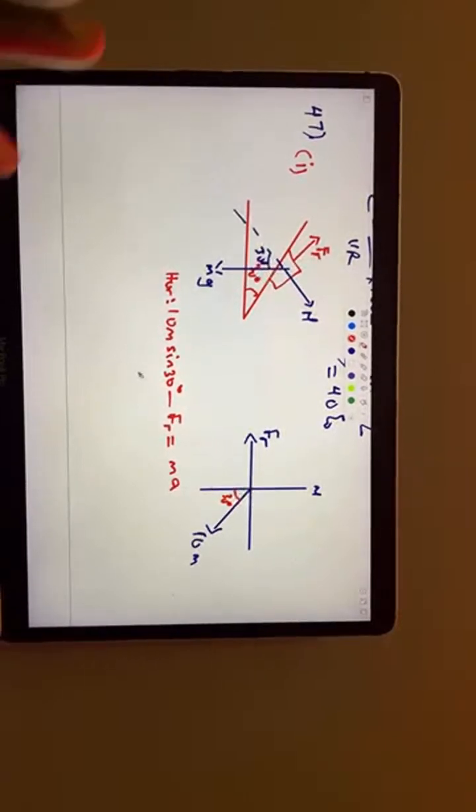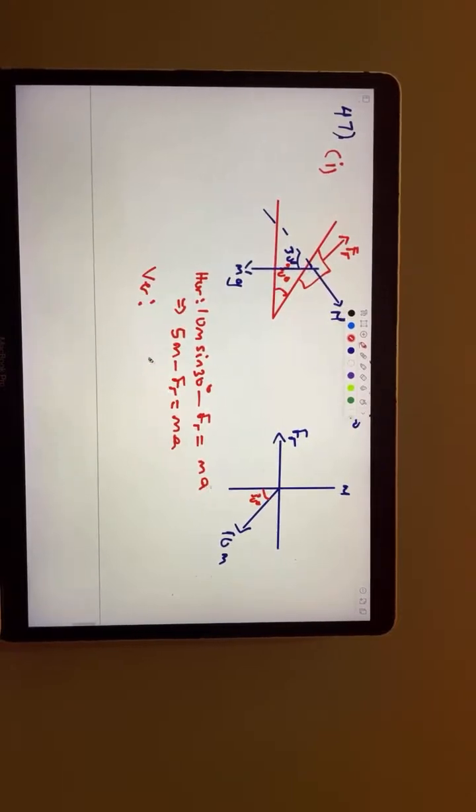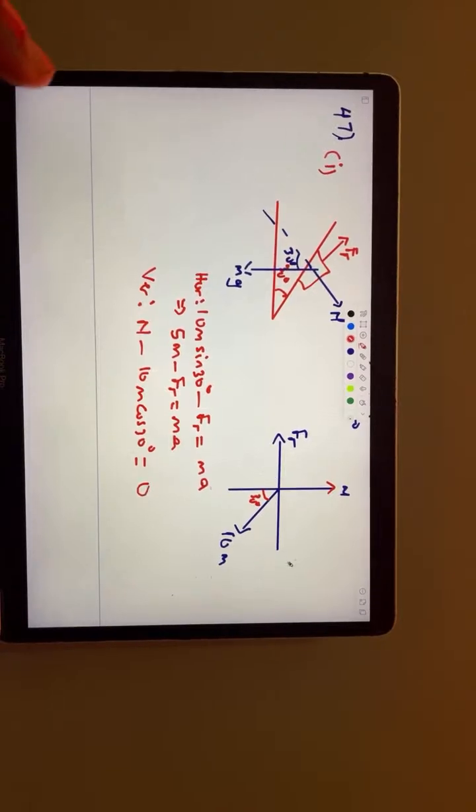So let's keep that now. But I can simplify this further. Sine 30 will be 0.5, so that will be 5m minus frictional force equals ma. However, I can do the same for my vertical. For the vertical component, N is going up minus 10m cos 30 degrees equals 0. Where did I get that from?